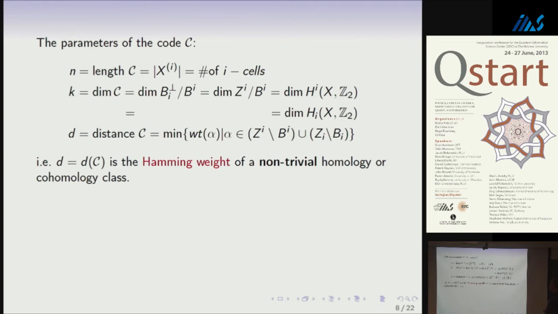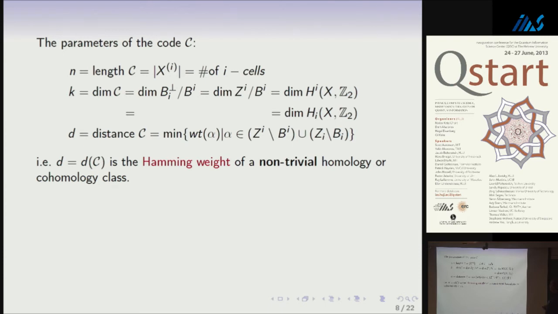The distance of the code is, by definition, the minimum of the weight of alpha, such that alpha is in W1 perp, but not in W2. In our terms, now, if we apply it here, this is in Zi, but not in Bi.